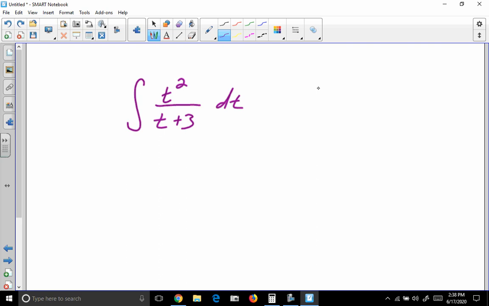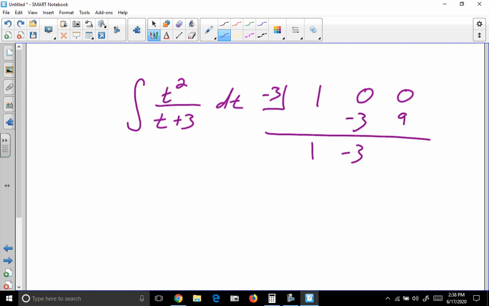So we have 1t squared, no t's, and no constant. And we're dividing that by t plus 3. So we put a -3 in the box. So bring down a 1, multiply times the box. Add that column, multiply times the box. So that's our remainder. T minus 3 is our quotient.